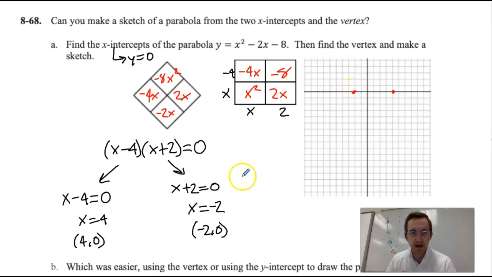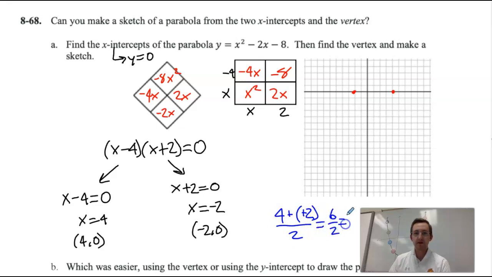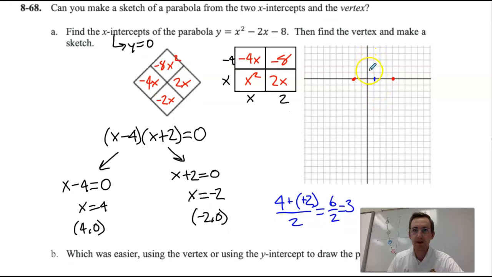So if we look, we've got 4 and -2, so the halfway point, 4 minus -2, all divided by 2, is equal to, again, negative minus negative is positive, 6/2. So this is 3 spaces on our graph to get to the middle point. So that means that x is equal to 1 is the halfway point, or the line of symmetry for our parabola, which is also the x-coordinate for our vertex.